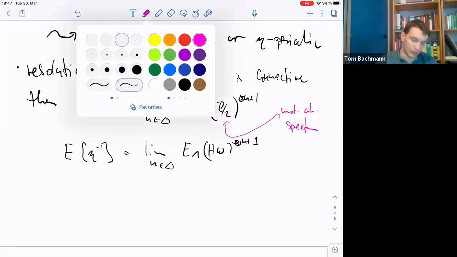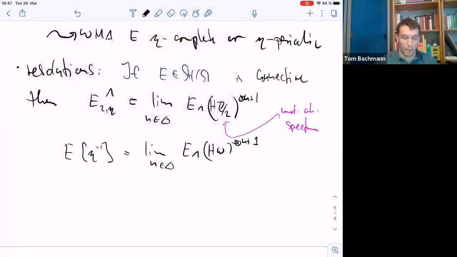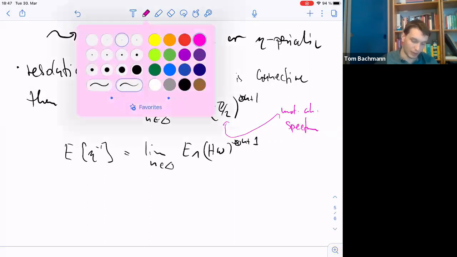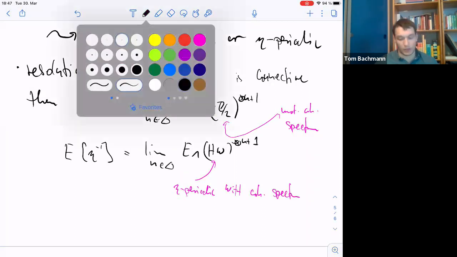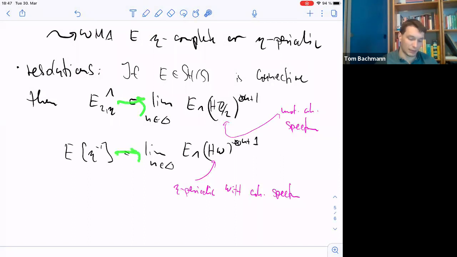And I said before, by work of Spitzweck, we can compute this in reasonable cases. So this HW thing is the so-called, well, I'm going to call it eta-periodic cohomology spectrum. Okay, so you can certainly always get a map like this.